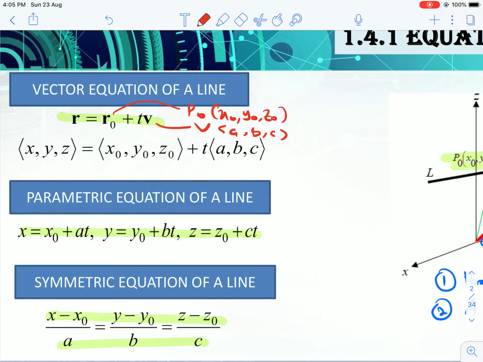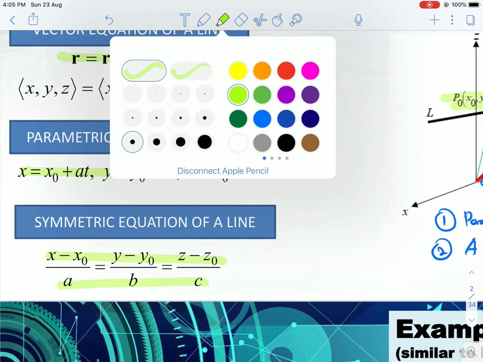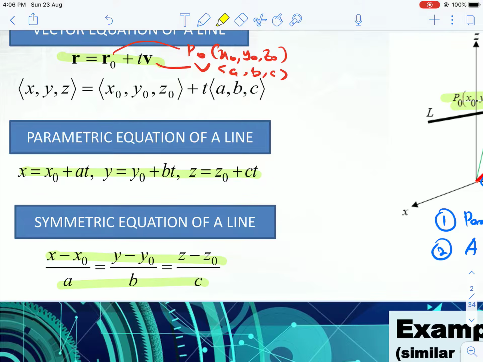From the vector equation, we can find the parametric equations of the line. I want you to follow me here. Look here, we have x naught and a, in the i direction.